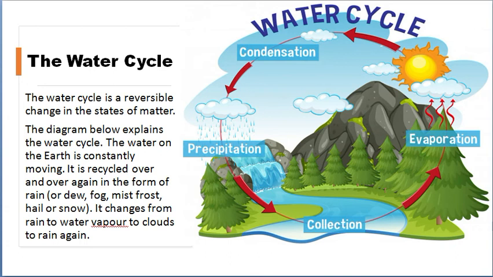Then it gathers together in the form of clouds, and when clouds become heavy, they come as rain on the earth. So this is how all the processes are used in the water cycle.